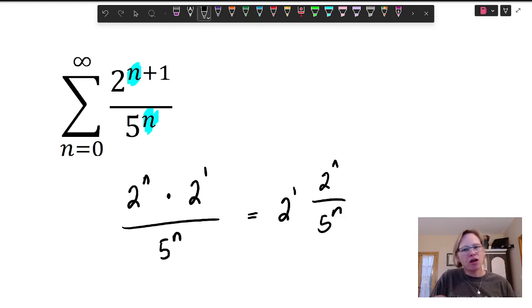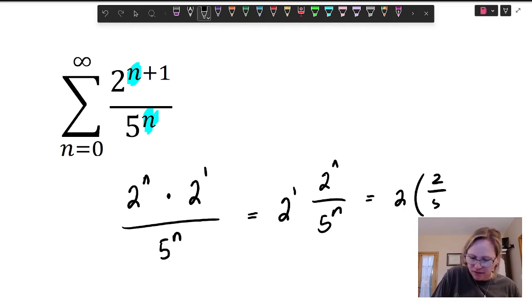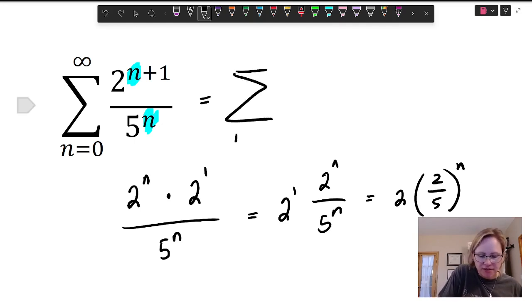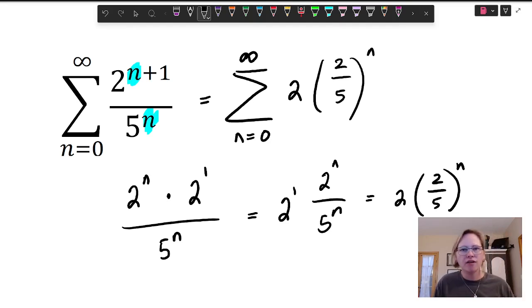And then just like we saw with that previous example, I can take that power of n and put it totally on the outside. And so now we can rewrite this in a slightly different format to be able to identify what r is. And so r is going to be 2/5.